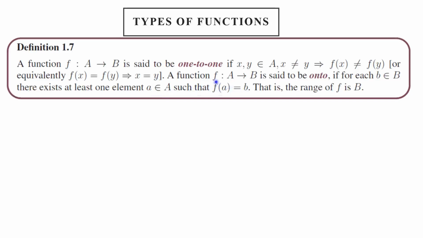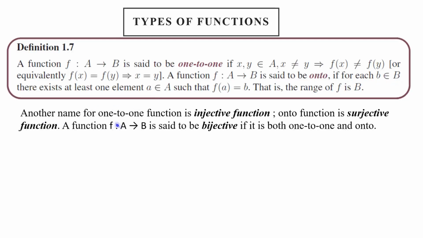Here f is the name of the function, and this small a is mapped to that element in B. Okay, this is called the onto function. That is, the range of f is B. So the range should be the elements in B, they have said.